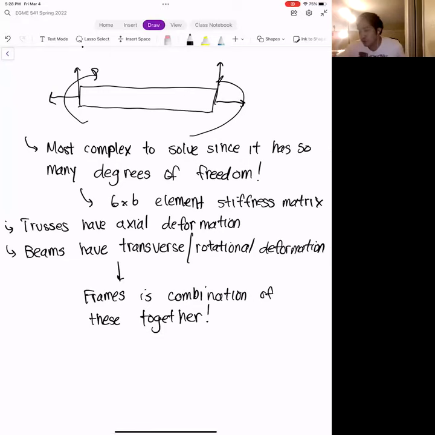And if you look at our notes about how we derive the frame element stiffness matrix, what you'll see is that we literally just took the element stiffness matrix for a truss, the element stiffness matrix for a beam, okay, put them both into the stationary coordinates, and we put them in the augmented forms, with all the additional degrees of freedom that we need, and then we just kind of put them on top of each other, okay?